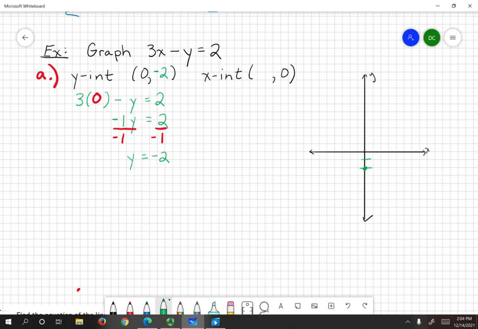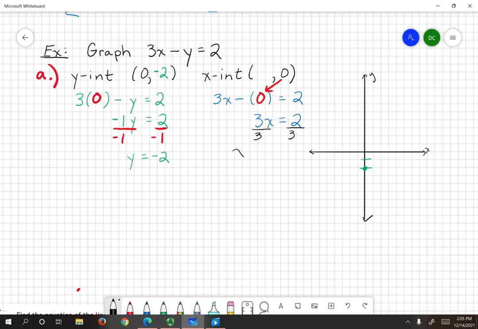Let's do the x-intercept. 3x minus y equals 2. Well, that's 0 right there. So now I get 3x minus 0 is just 3x. 3x equals 2. Divide both sides by 3.